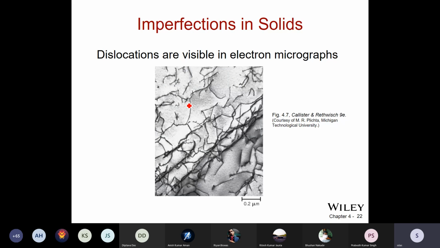So in the transmission electron micrograph, you see a bright matrix, and you see these black lines here. All these black lines, I'm coloring only a few. These are defects called dislocations, which we will explain shortly.